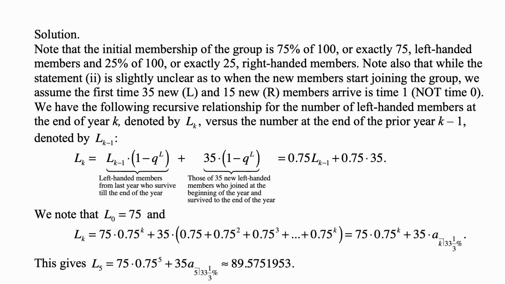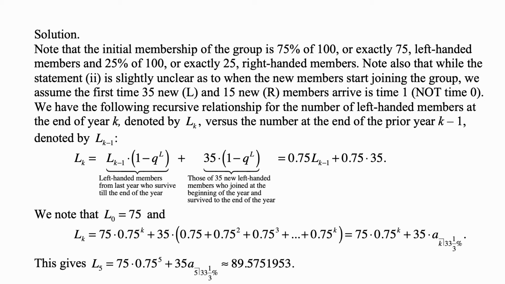Note that while statement 2 is slightly unclear as to when the new members start joining the group, we assume the first 35 new L and 15 new R members arrive at time 1, not time 0, because the first time is time 1.